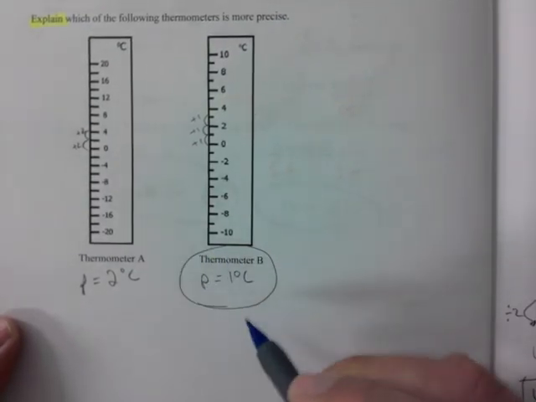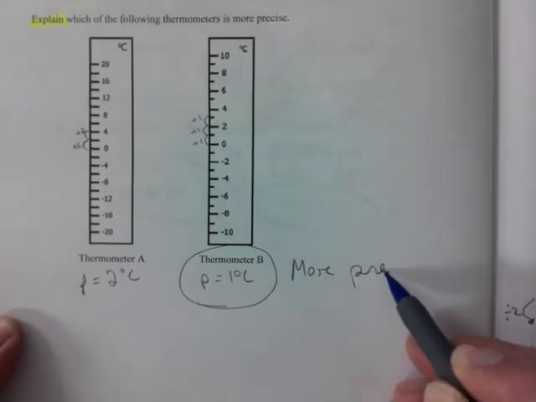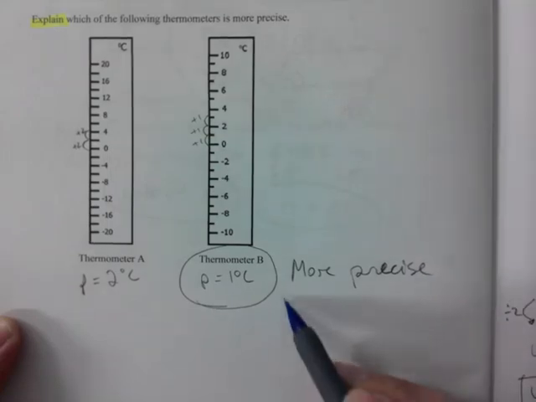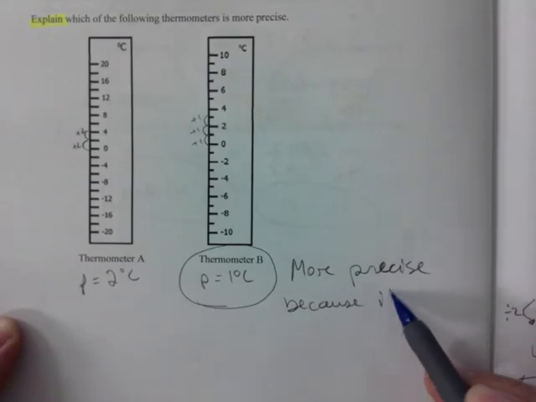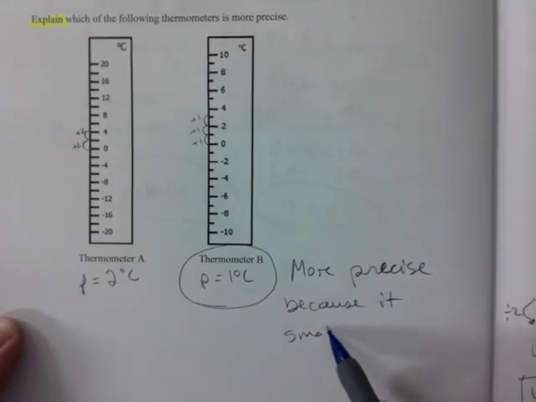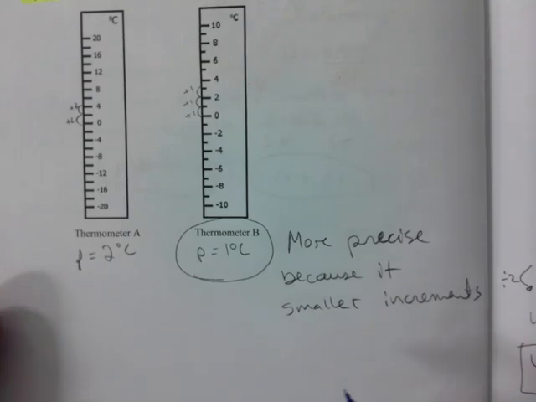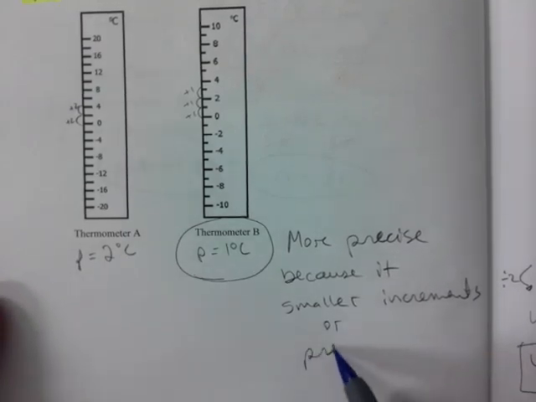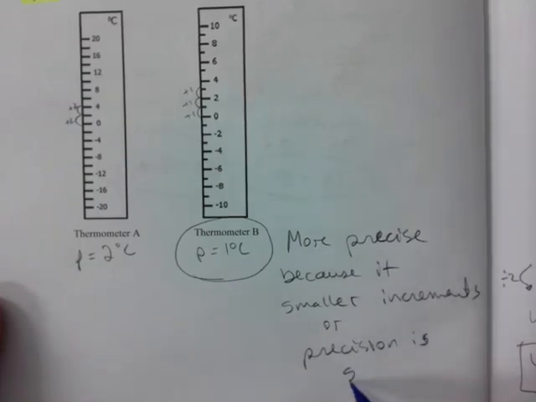B is more precise, because it has smaller increments, or precision is smaller.